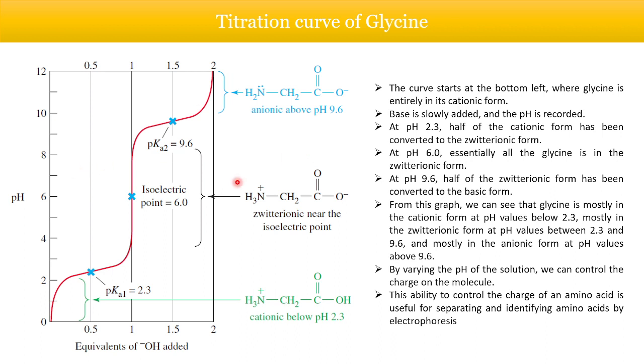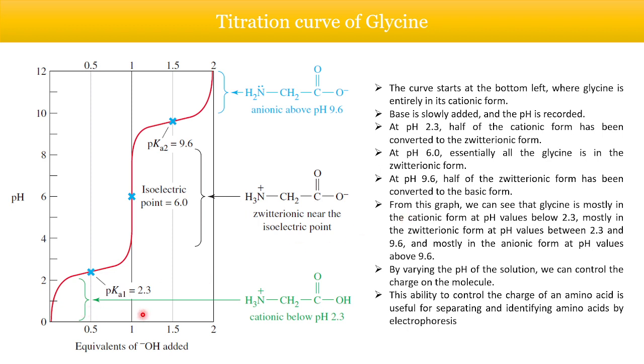So as we start from the bottom left where glycine is entirely in its positive or cationic form, and we are increasing the concentration of OH minus, or say we are adding equivalent amounts of sodium hydroxide, then we are recording the pH.